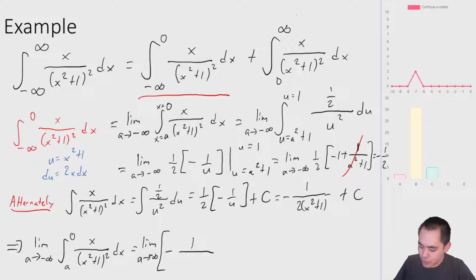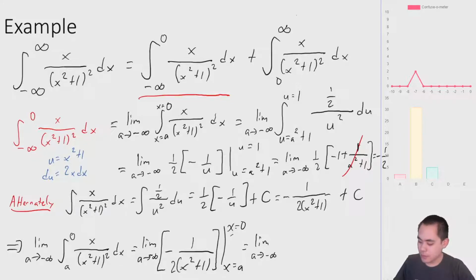Minus 1 over 2 times x squared plus 1, from x equals a to x equals 0. Well, this is the limit as a goes to minus infinity of minus 1/2, because when you plug in x equals 0, you just get minus 1/2, plus 1 over 2 times a squared plus 1, and so this is still equal to minus 1/2.